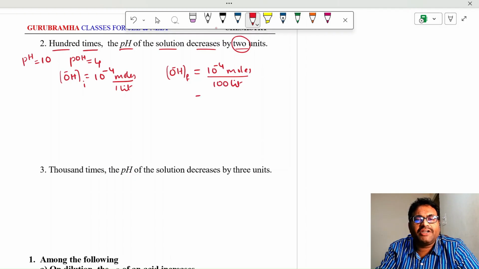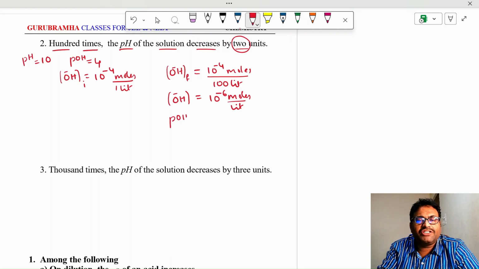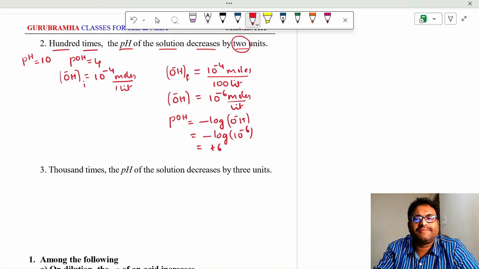Then the OH minus ion concentration will be 10 power minus 6 moles per liter. Now we can calculate pOH. pOH is equal to minus log OH minus ion concentration, that is equal to minus log 10 power minus 6, which is equal to 6.